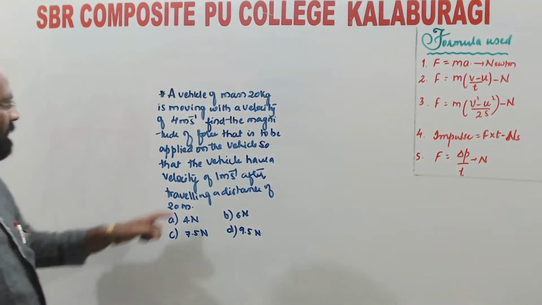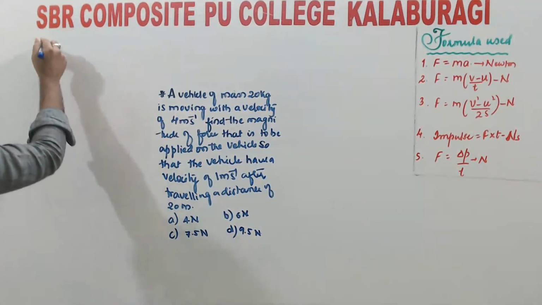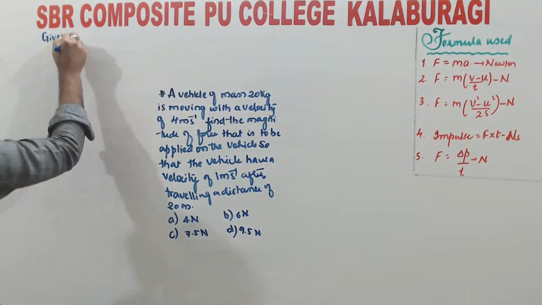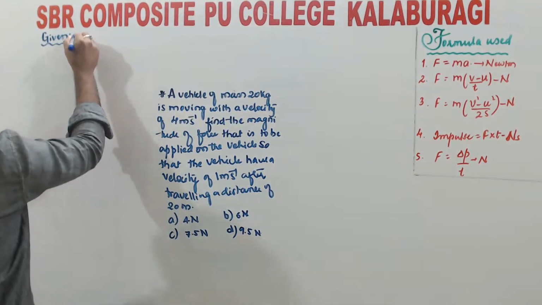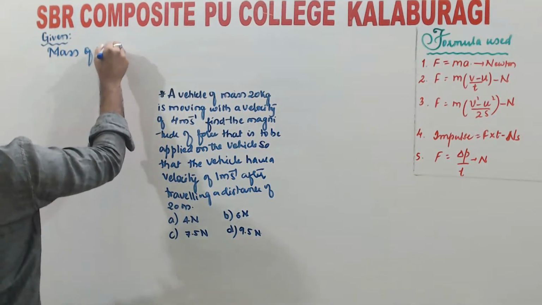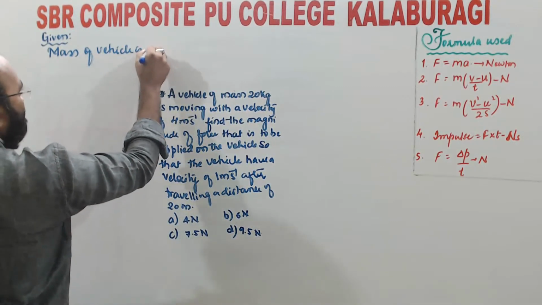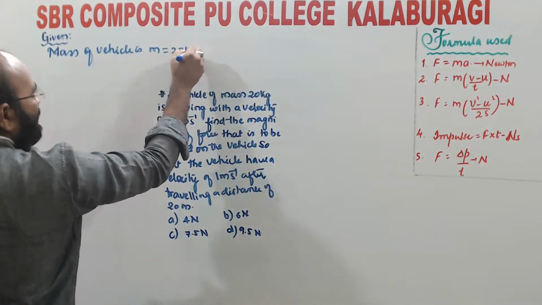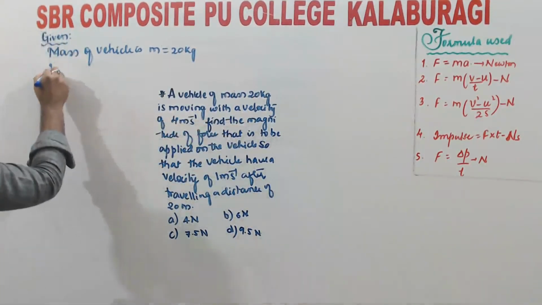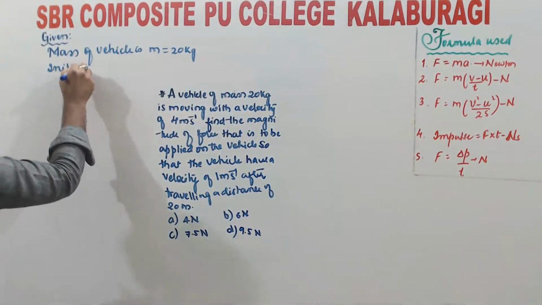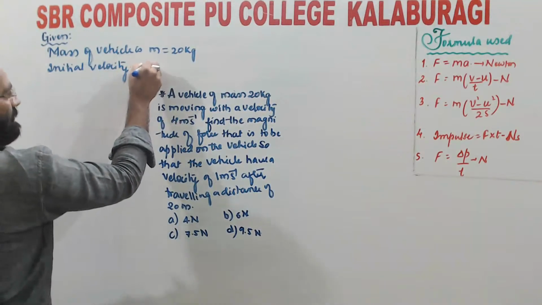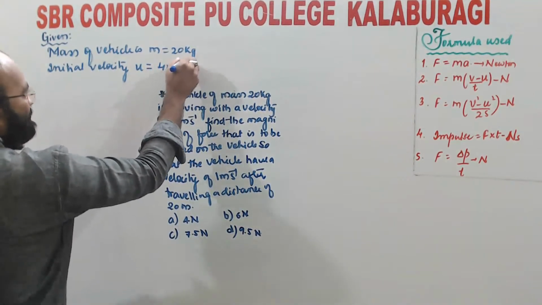Here we know that mass is given. Given: mass of the vehicle m is equal to 20 kilogram. Moving with that velocity means initial velocity of the vehicle u is equal to 4 meter per second.